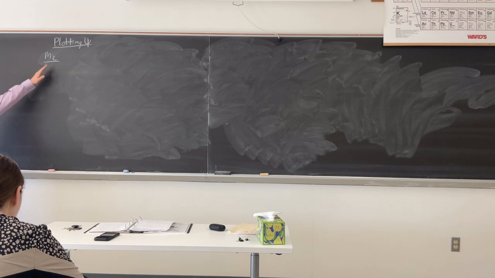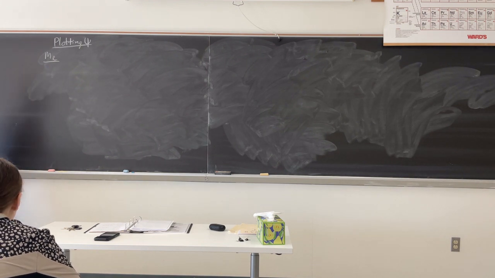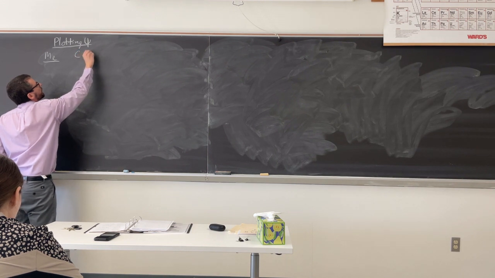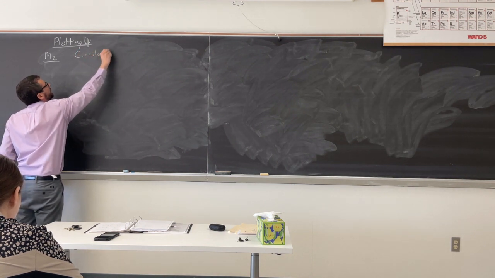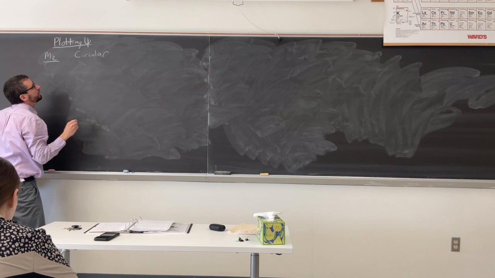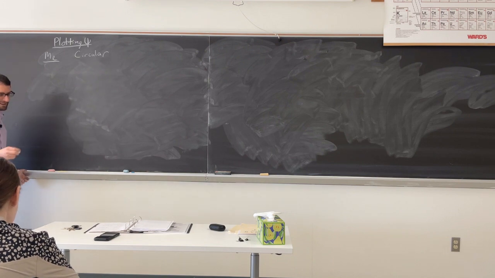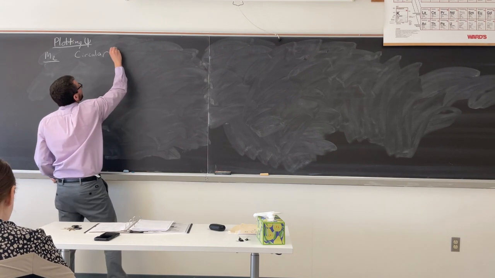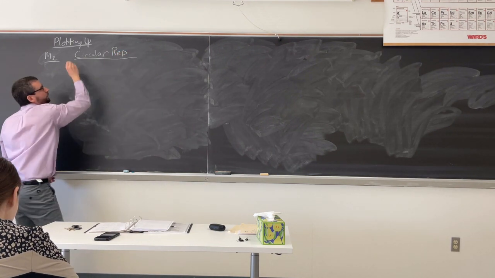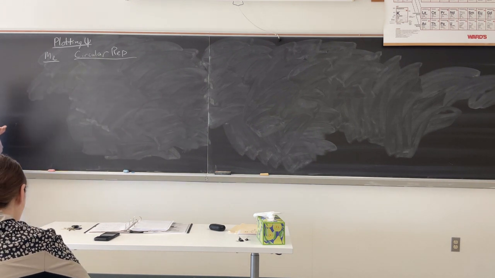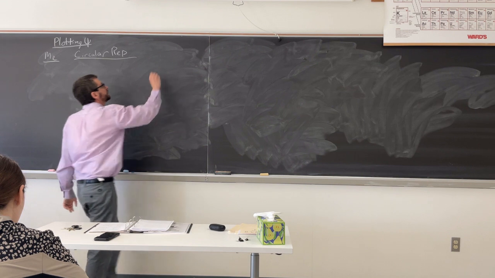We're going to plot different values of m sub l. We'll draw a circular representation, and you'll see what that means in a minute. And then we're going to have a linear representation.